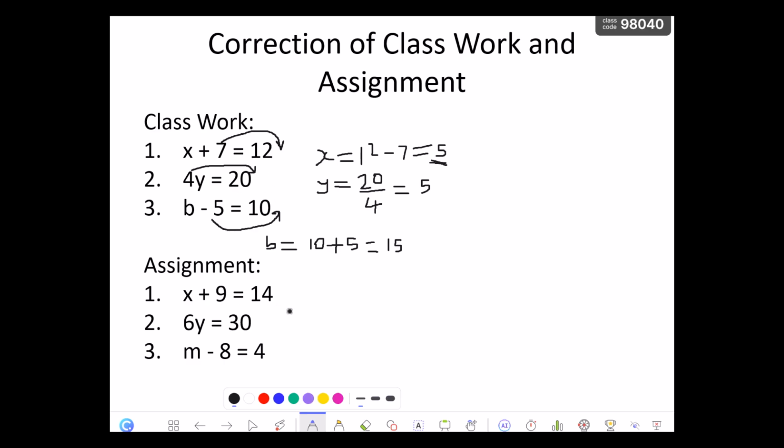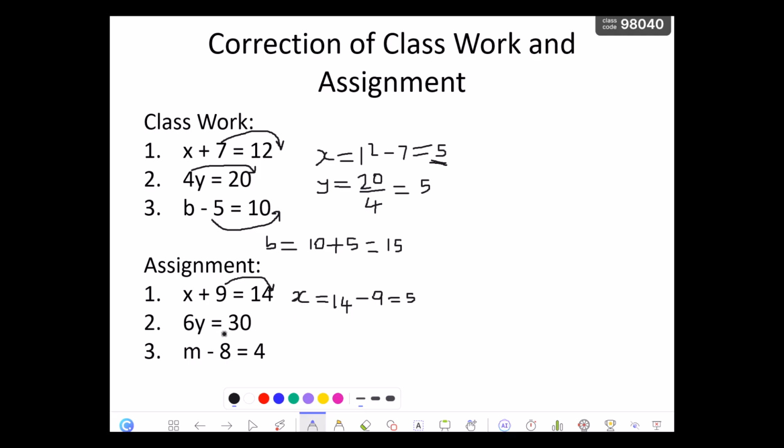Then for the assignment, the same approach. The first answer for x, so 9 is a positive number. When it crosses over to this side, it will become negative. So x is going to be 14 minus 9, and that will give us 5.